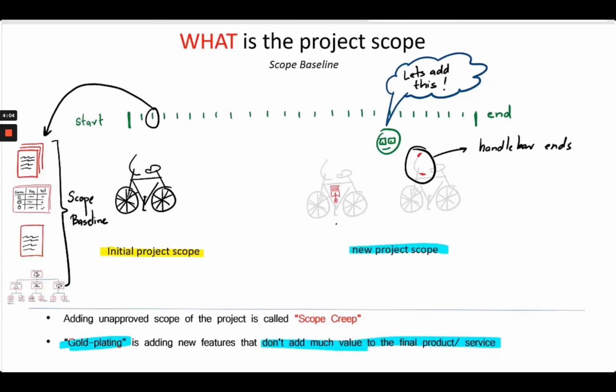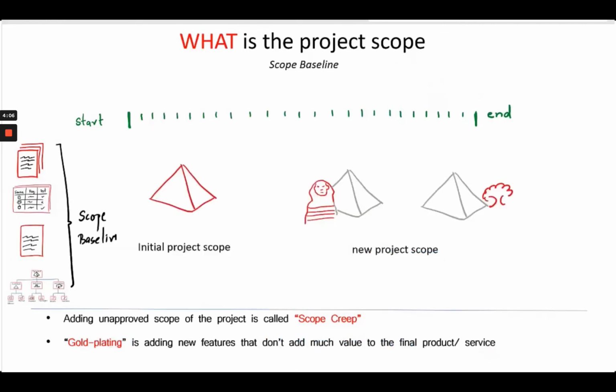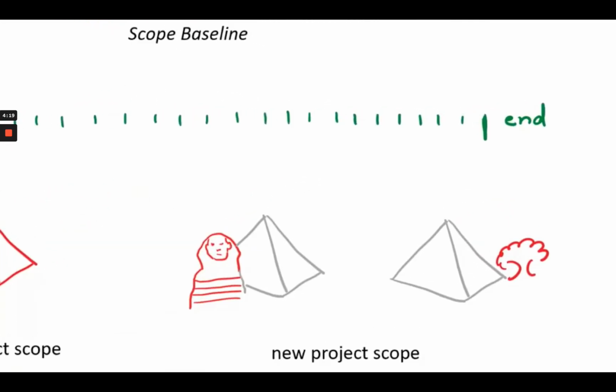In our example with the pyramids, let's say the initial scope of the project was to build a single pyramidal structure that was agreed upon and documented in the scope baseline on the left. Let's say down the line, the most important stakeholder on this project, who is the pharaoh himself, requests to add an additional structure next to the original pyramidal structure, which is the Sphinx, which is an animal-like structure which is half human and half animal in appearance.